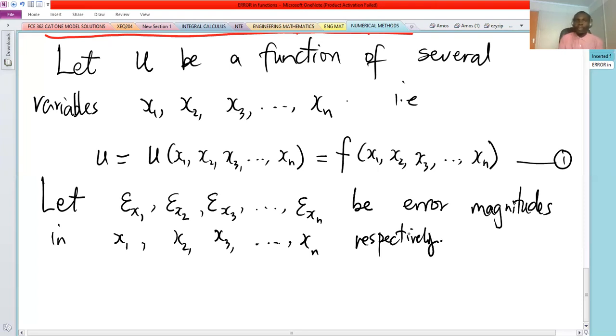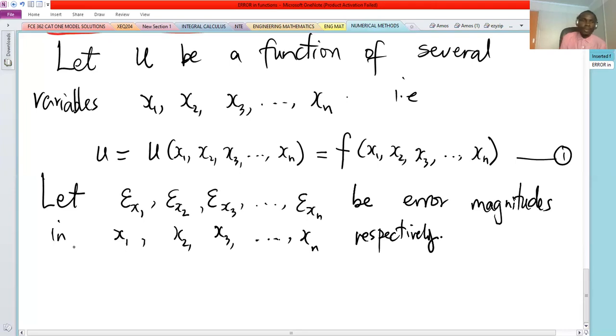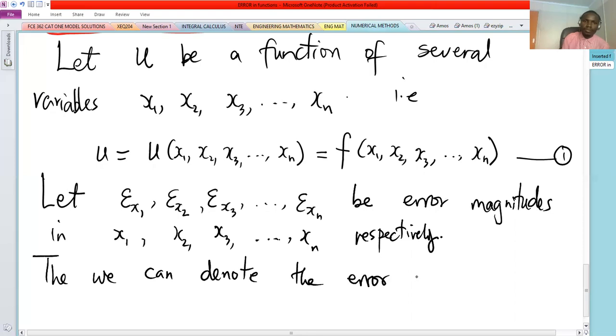Then we can denote the error in the function by just saying error in U.